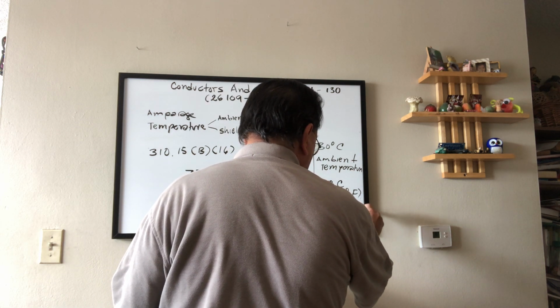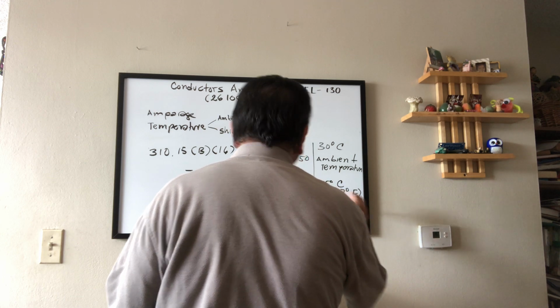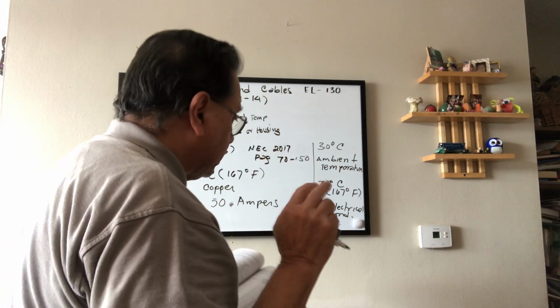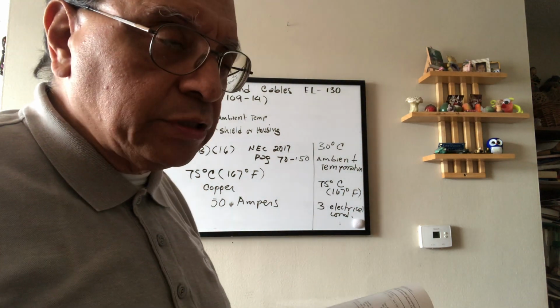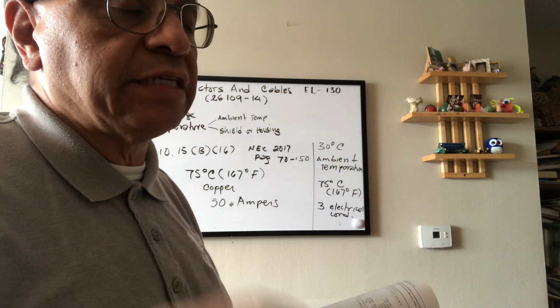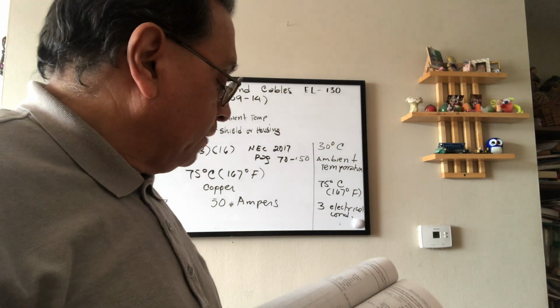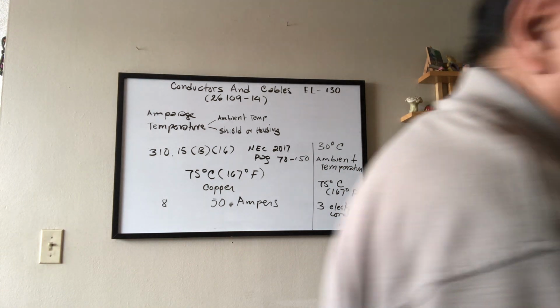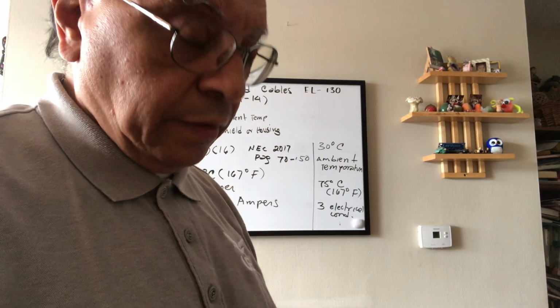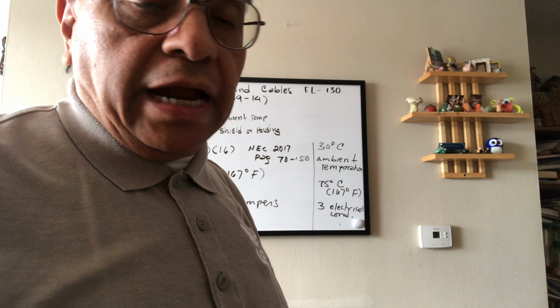3 electrical conductors transporting amperage, transporting electrical current. Okay, and this includes the ground.